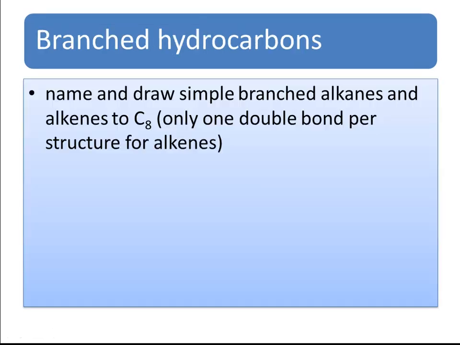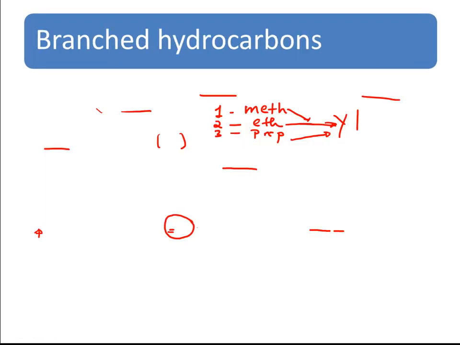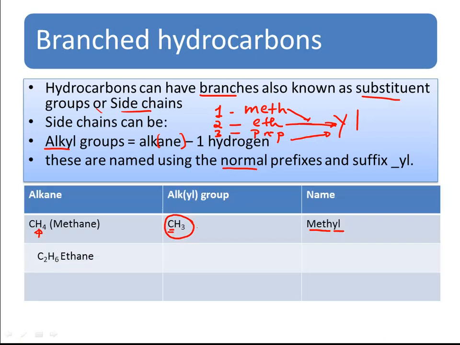And if we move on again, if I take ethane and take away 1 hydrogen from that, I end up with C2H5. The prefix is eth for 2 carbon atoms, and we put a suffix of YL, so it becomes an ethyl group.